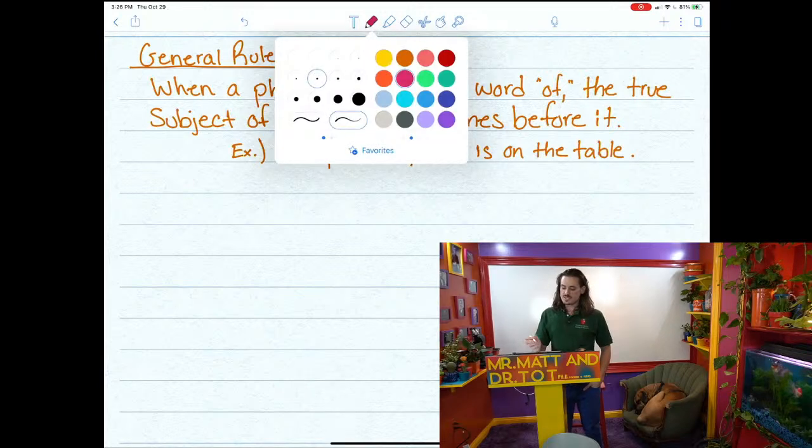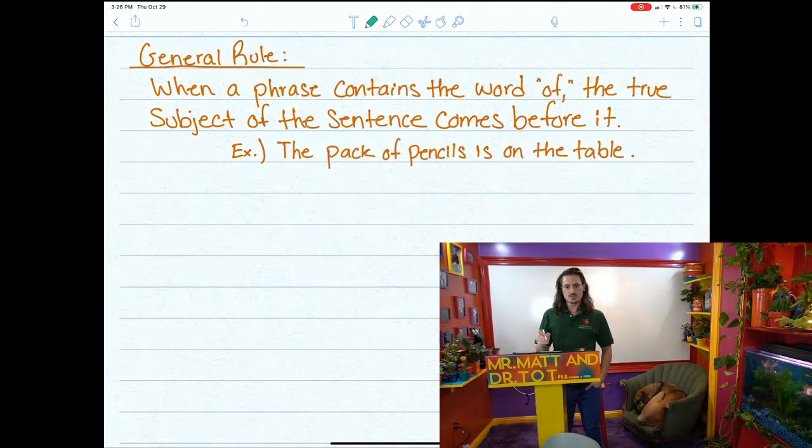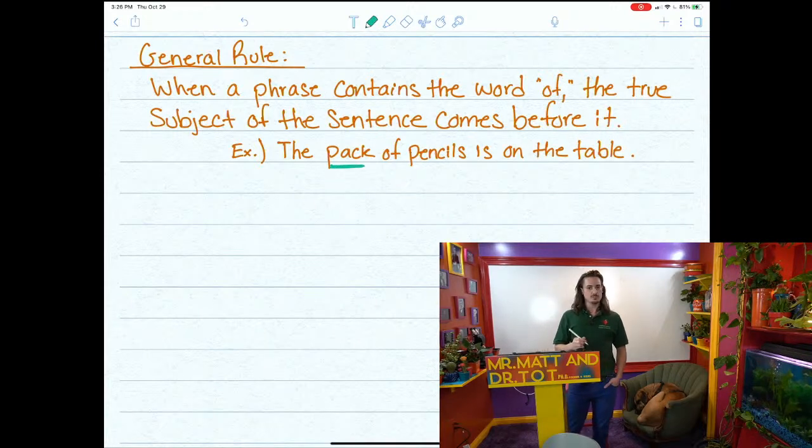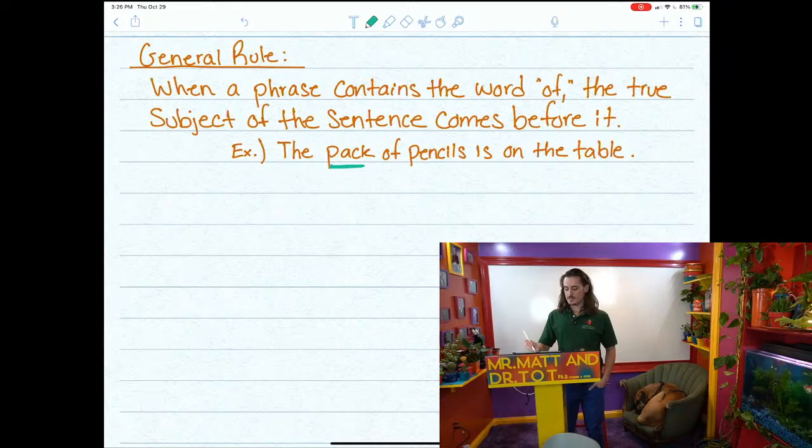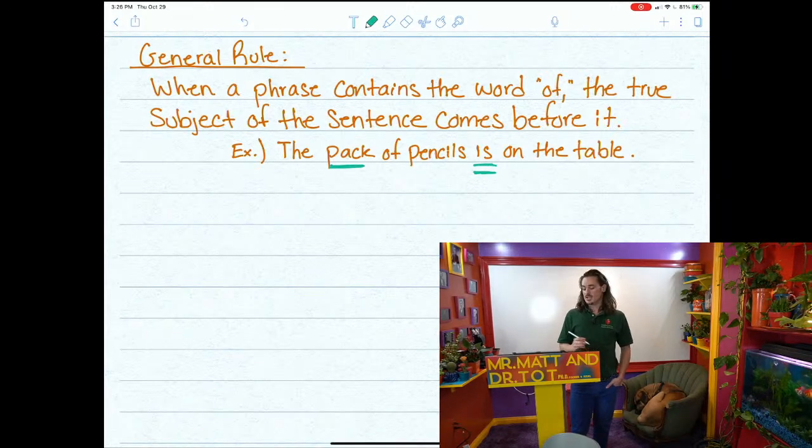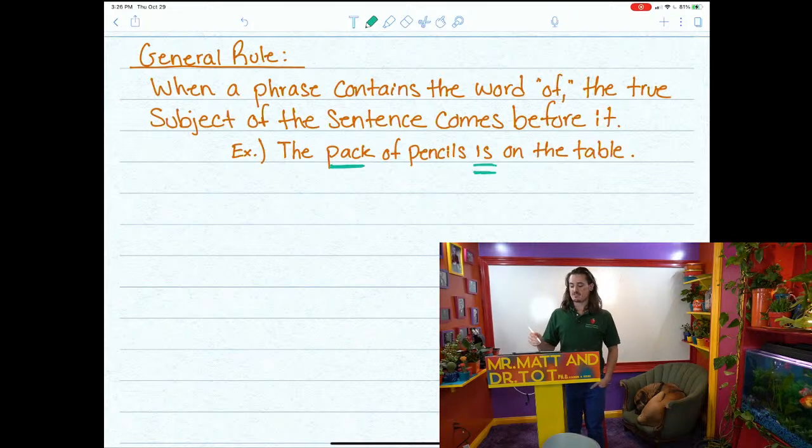If you understand that the true subject of this sentence is pack, not pencils, because it's one pack made up of many pencils, you would pick the correct verb conjugation to be is. It would be incorrect to say the pack of pencils are on the table, because it's one pack made up of several pencils. So it is singular.